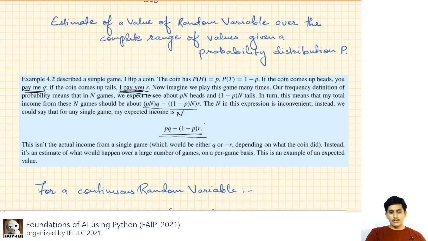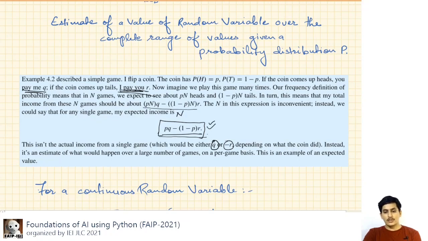So if you closely look at this value, this is a fairly complicated expression. However, we can intuitively see that when we flip a coin, if it is heads, we will get Q, and if it is tails, we will lose R. So our income will be either Q or minus R. And this is nowhere related to this particular expression here.